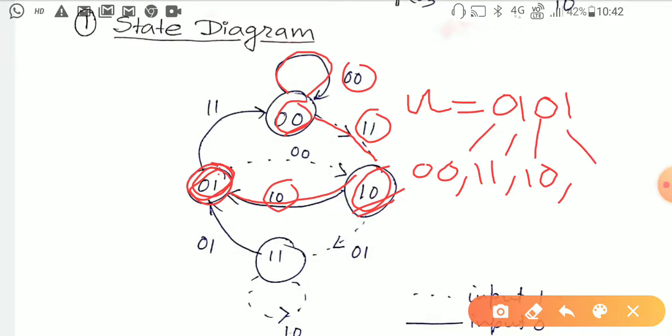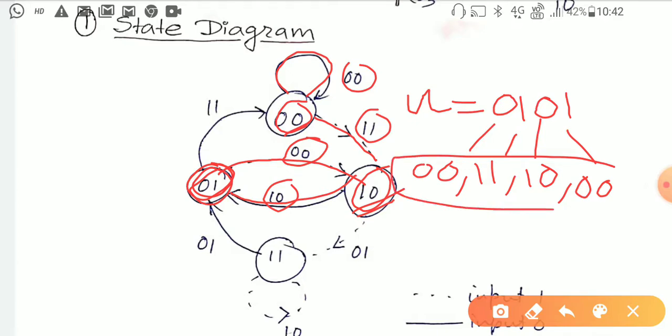For the 1 input, this is the line, and the output is 0 0. So this is the total encoded data for the message 0 1 0 1. By using the state diagram, you can easily identify the encoded convolution code.